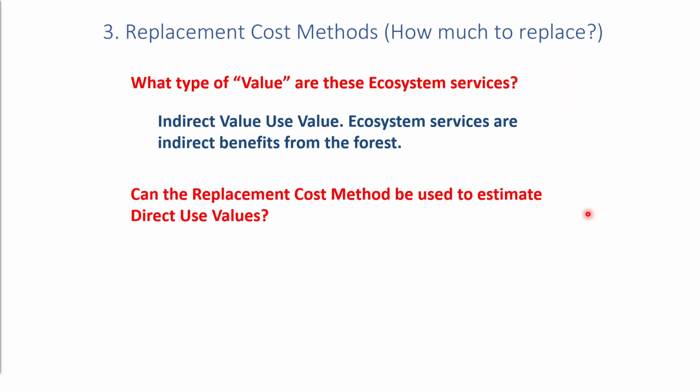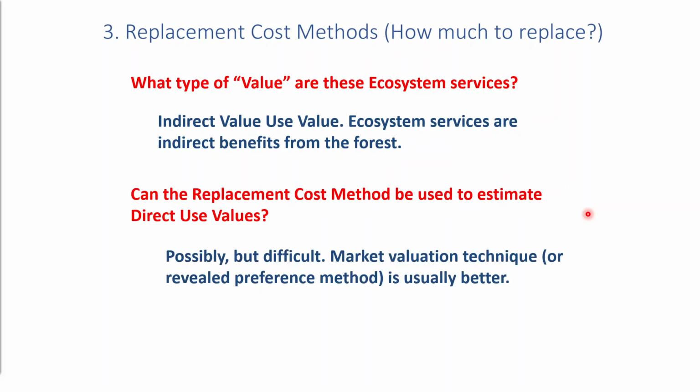Can the replacement cost method be used to estimate direct use values? Possibly, but it would be very difficult. Imagine if we want to use this method for hiking. Let's say hiking is a very valuable activity for you. If you were to use the replacement cost method to estimate the value of hiking in a forest, then the only way to really do this is to estimate how much it would cost to rebuild a forest for you to hike in.